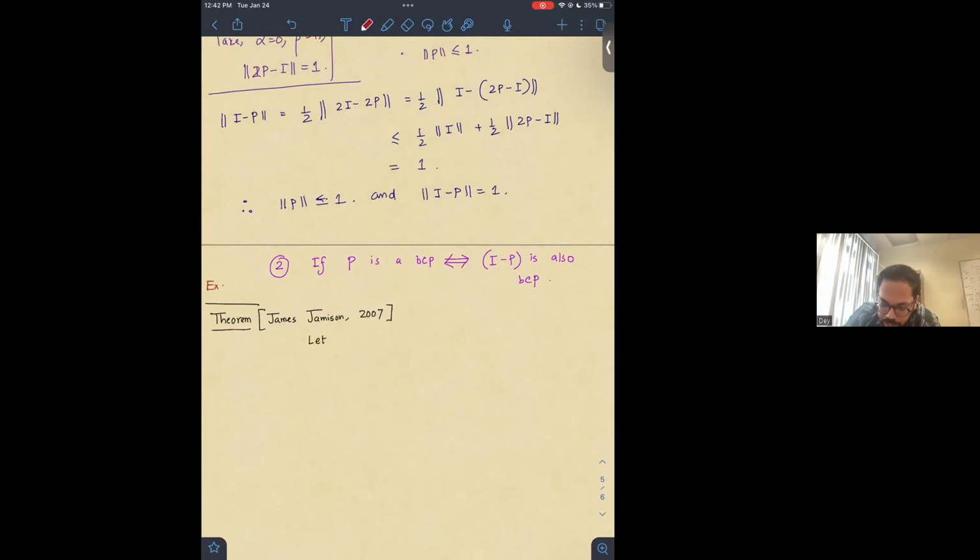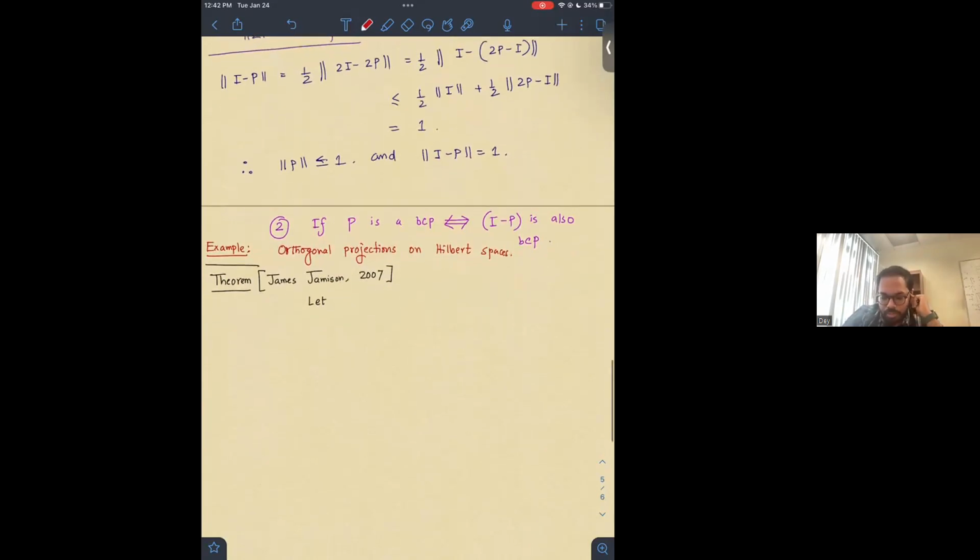One of the greatest examples would be the orthogonal projections on Hilbert spaces. Thanks, Chris. Orthogonal projections on Hilbert spaces are definitely bicircular projections. That's one of the well-known examples. There are many more, but this is the most natural and well-known example.